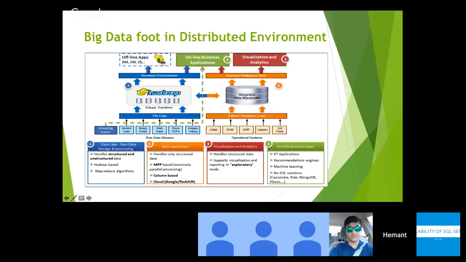Yeah. So this is the area of big data, and you can see how different types of data are getting influxed to be processed, which finally get integrated into the data warehousing. The ultimate goal is to produce visualization data and analytics data, or some online business application.